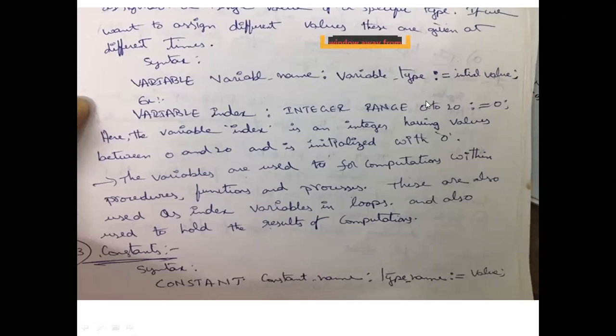We cannot declare the variable 20 times each time. Therefore, we must define it with some range value. So integer range from 0 to 20. In range, you mention the range value.